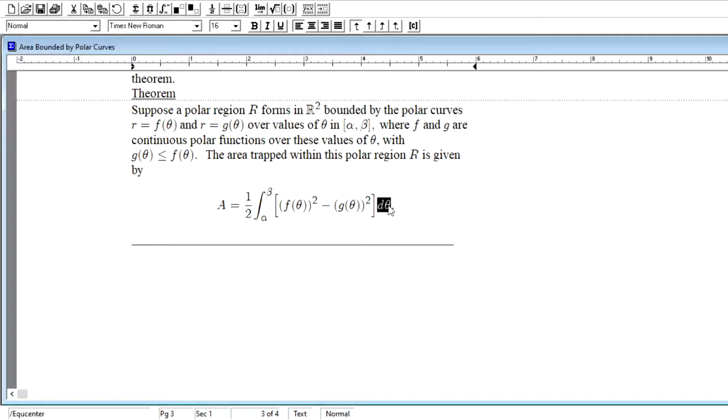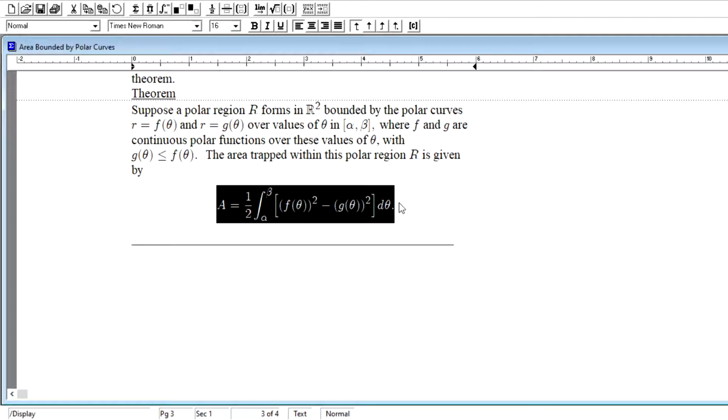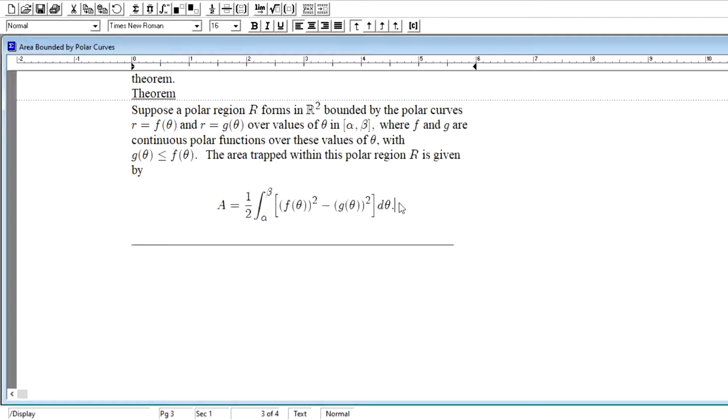We are integrating over these infinitely small angle measurements of theta that occur from alpha to beta. We'll see this develop in the proof at the end of these notes, but before we get into the proof, let's look at a quick example.